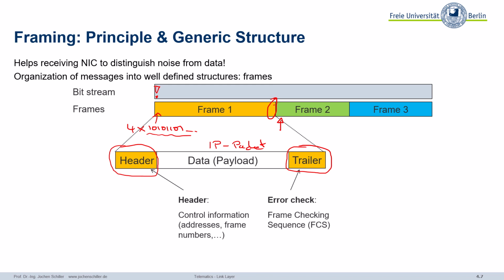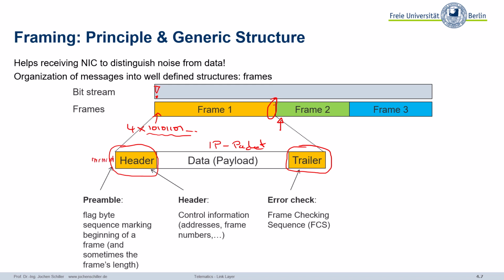The trailer is typically used for error detection, and with the help of that, maybe also for correction of the errors. But this is for checking, was there an error? And we will learn how we do this. So sometimes this trailer is also called frame check sequence, FCS or CRC, checksumming, etc. And sometimes we also have a special pattern here before we come to the header.